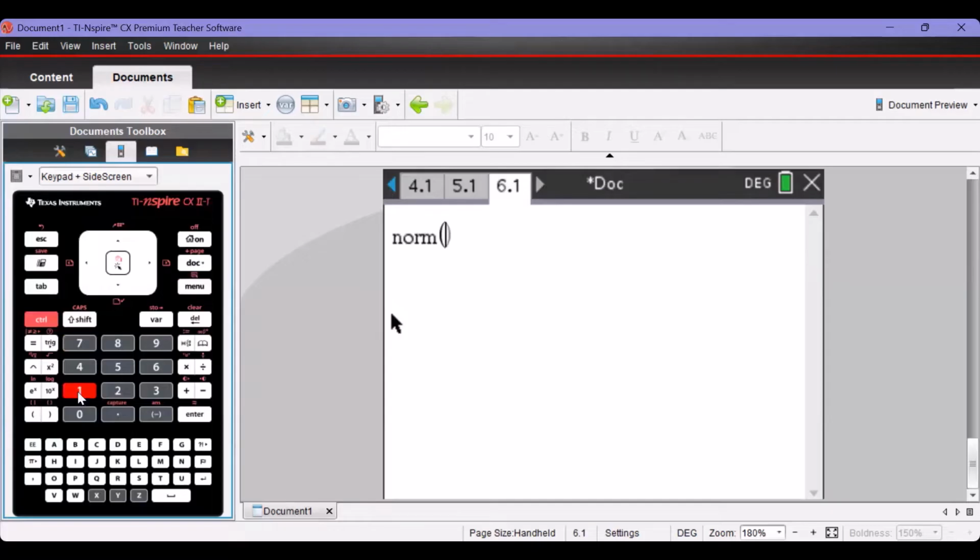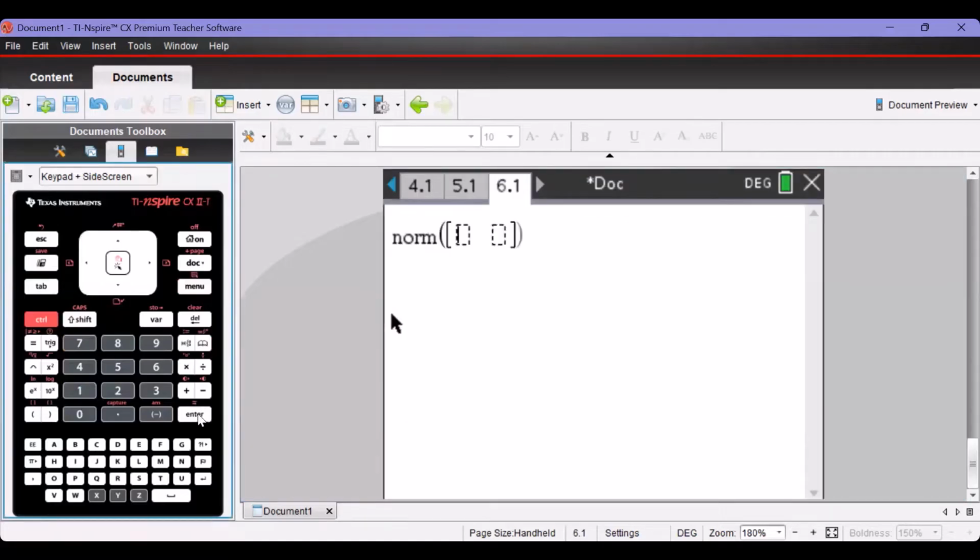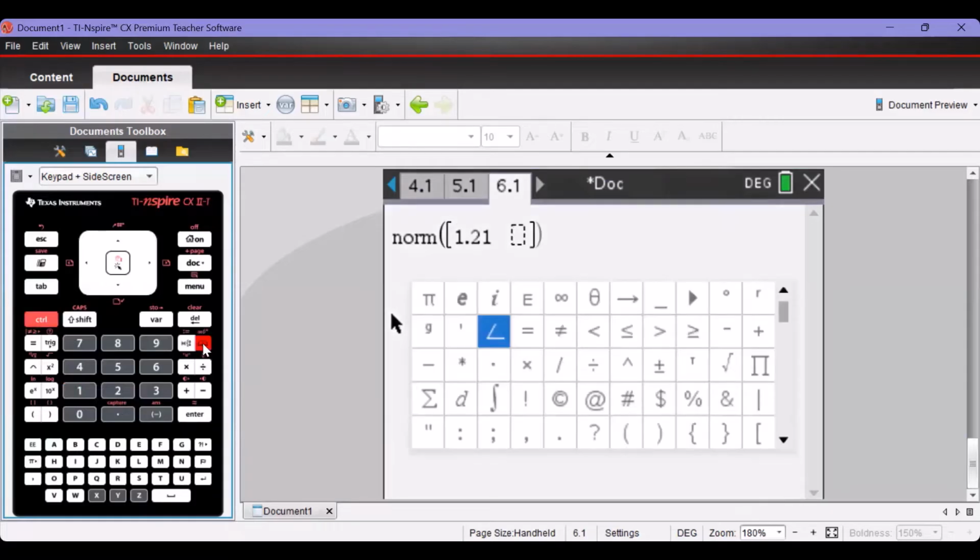Now we will add these 2 vectors to obtain a resultant vector and then obtain the magnitude. So we'll use the catalog button, and we'll use the row vector template here, and we'll press enter, and then we'll type in 1.21 and then arrow to the right. Now press control catalog, and we find that this is the angle symbol.